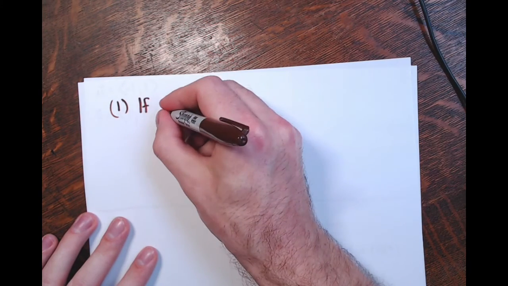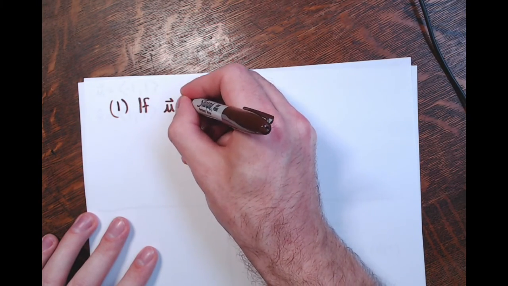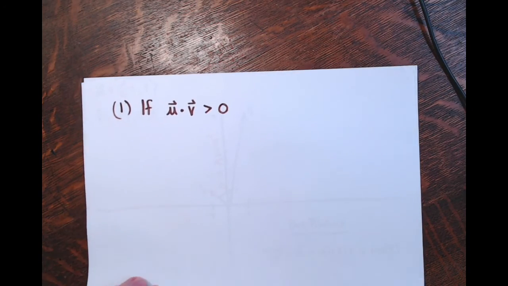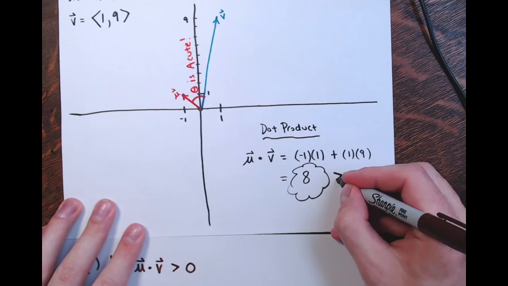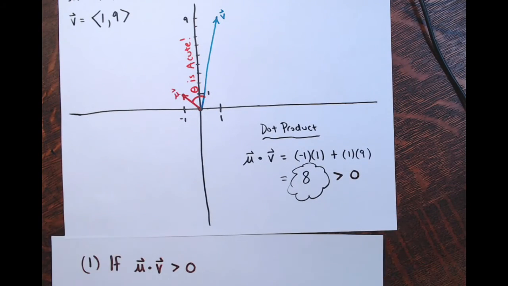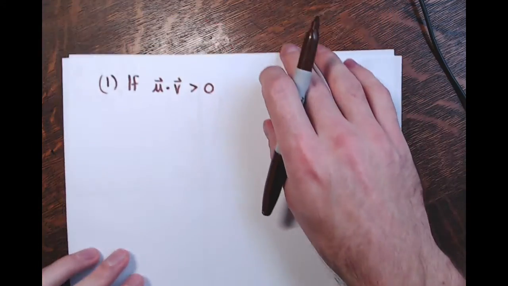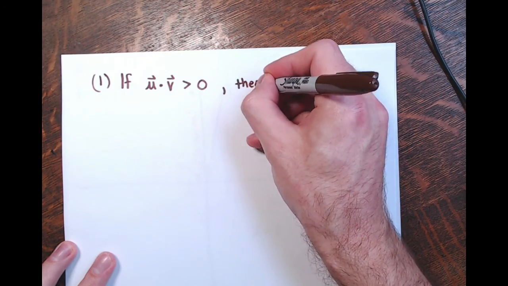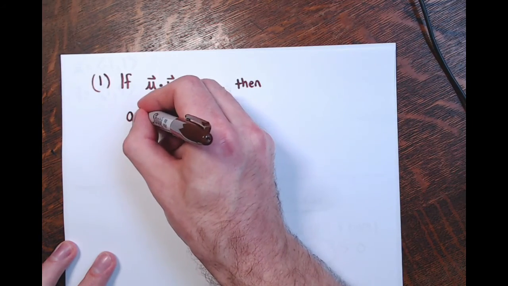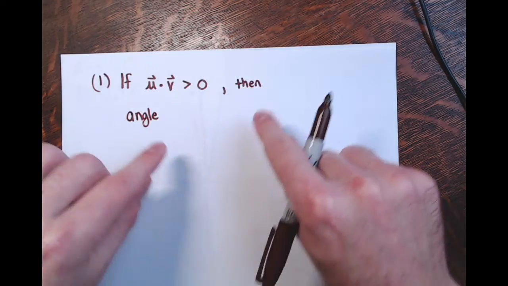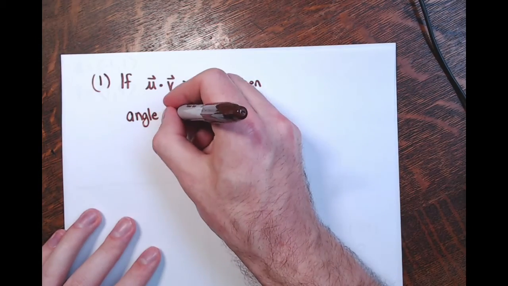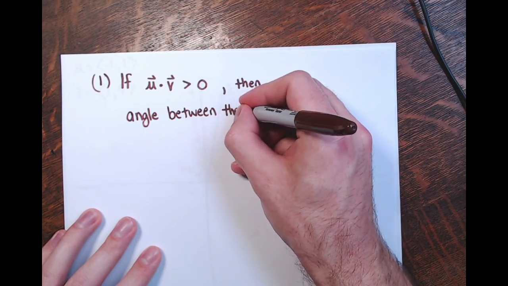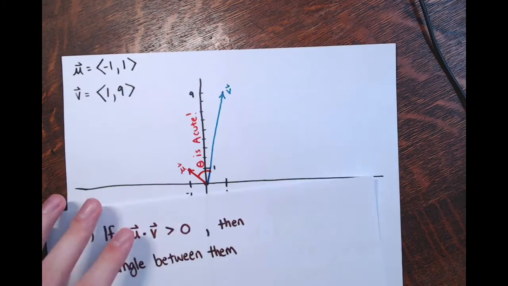If the dot product of two vectors is positive, if the dot product is greater than 0, like this one was, 8, then the angle between them, if you were to have them start at the same initial point, the angle between them, the not big one, I know there's technically two angles.